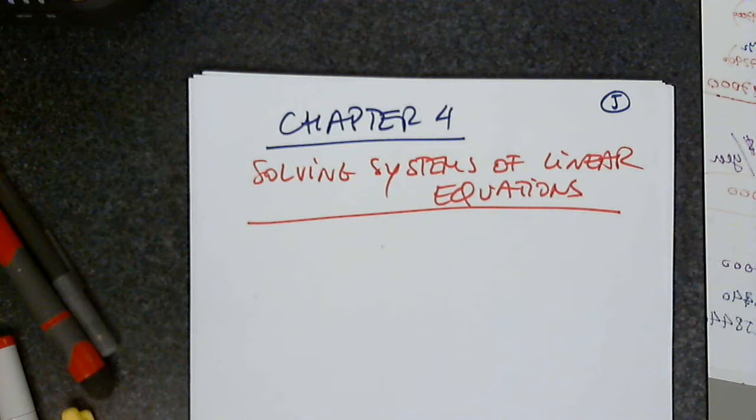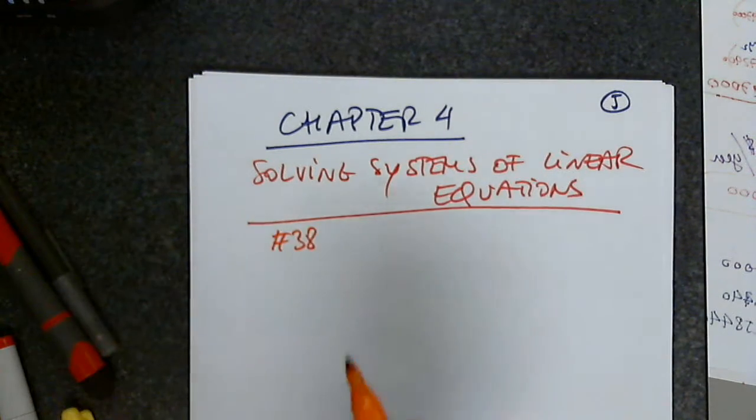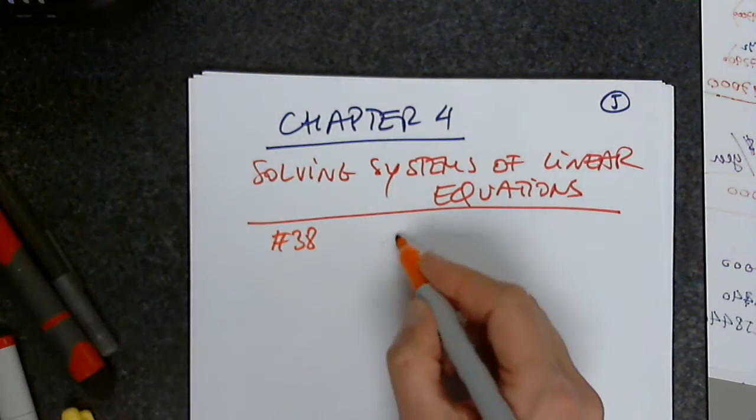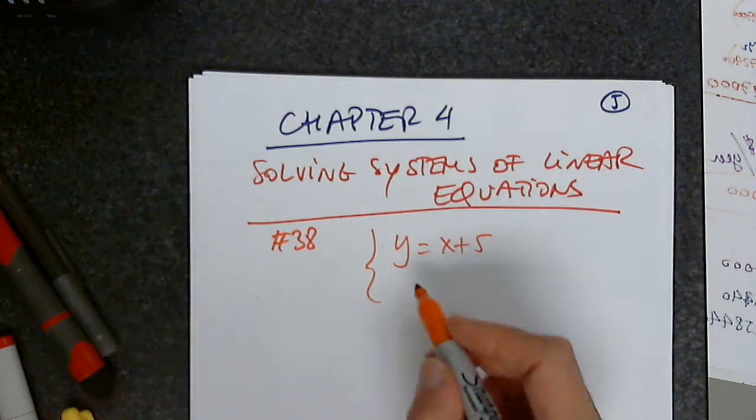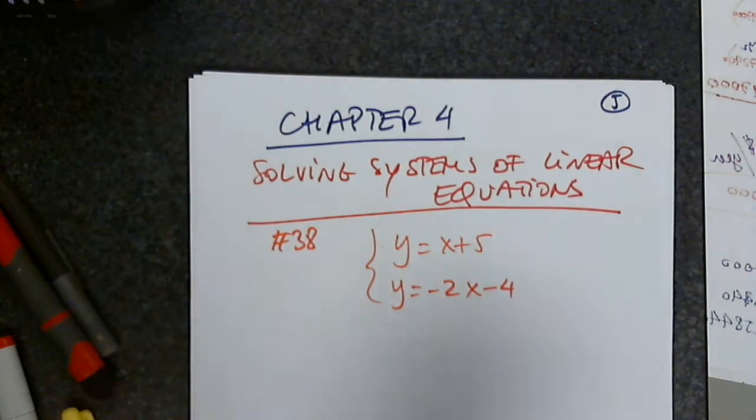I would like to start with something that is easy to graph first, and then we'll branch off from there. Any preference? I'm going to choose 38, and you can choose the next. So 38, y equals x plus 5, and y equals negative 2x minus 4.